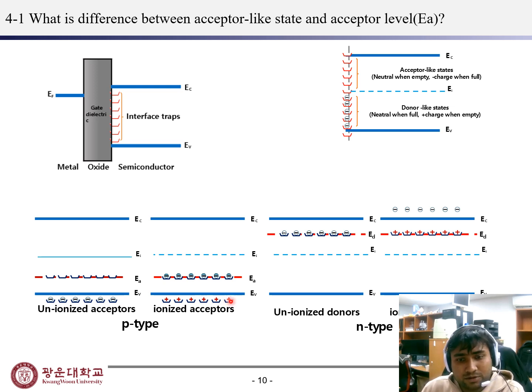It helps current flow in a semiconductor. Here is the difference: the acceptor-like state is bad for a MOSFET, but the acceptor level is good for a semiconductor.